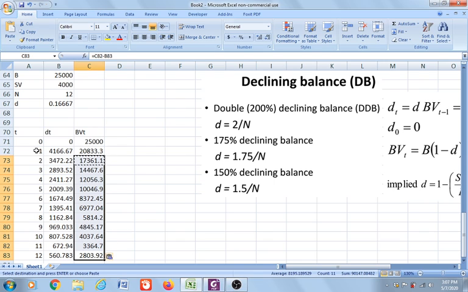Now see, there is something here in this depreciation table. The salvage value is 4,000. Now in year 11, the book value of that asset is less than 4,000. So what should we do?